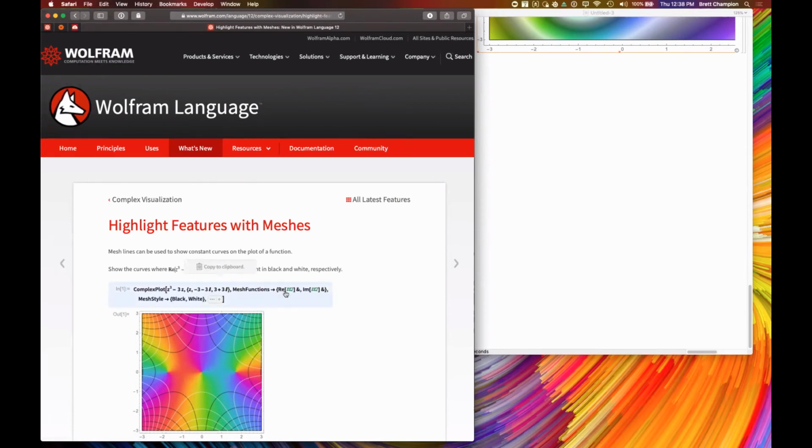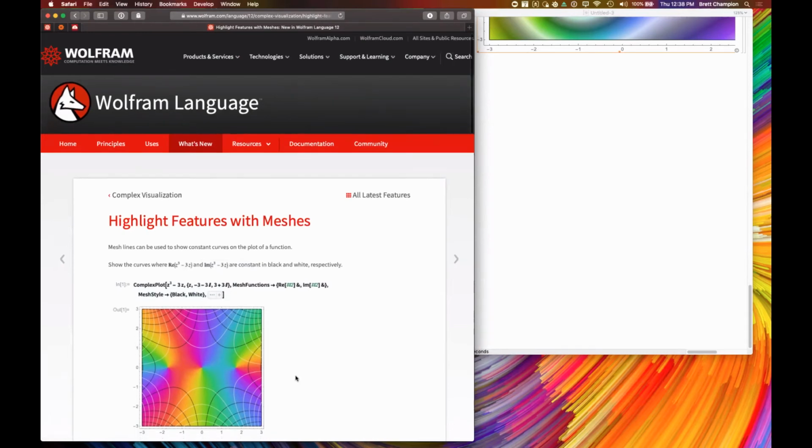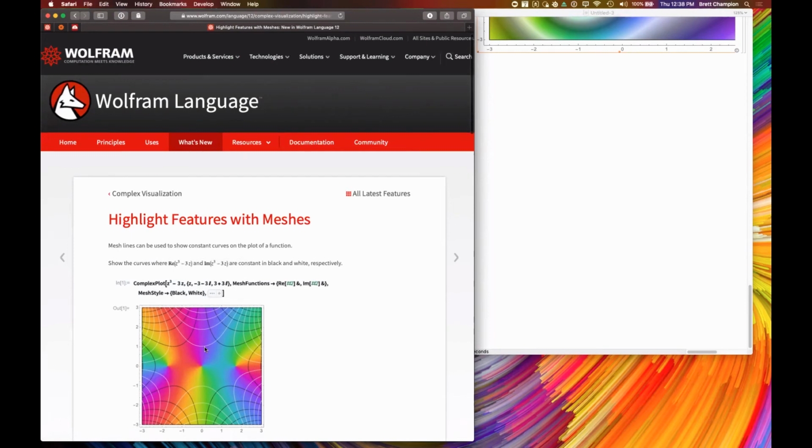And we can look at the real and imaginary parts of that function. So slot 2 corresponds to this. Slot 1 is Z, so your domain. And I've made the real mesh lines black and the imaginary ones white. So everywhere along a black curve, you would have the same real component, and the same imaginary component along a white curve.